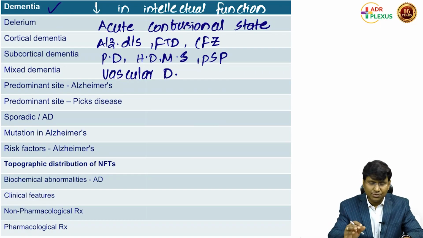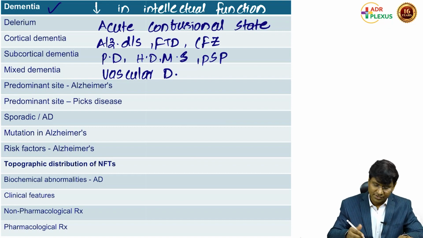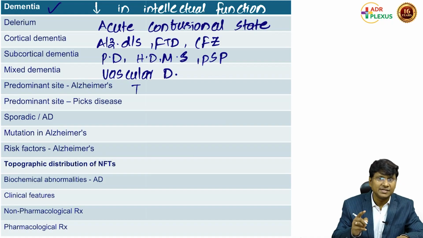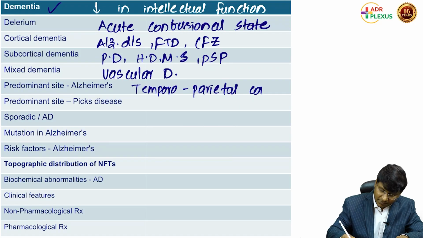Then, you need to know what is the predominant site which is affected in case of the Alzheimer's disease. In Alzheimer's disease, it is the temporoparietal cortex, right?